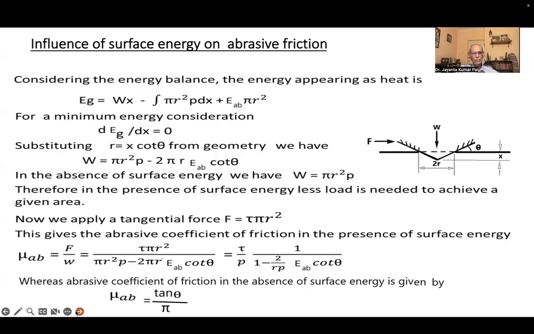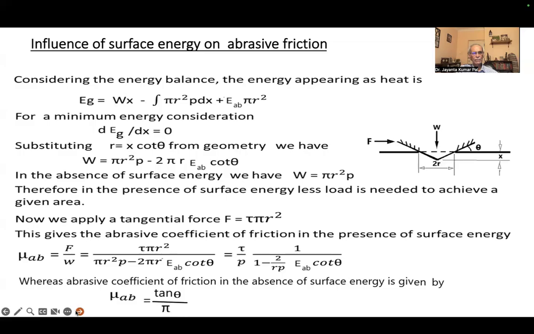And if we substitute this in the first equation and differentiate this with respect to x and equate it to 0, then we can get W is equal to pi r squared p minus 2 pi r EAB cot theta. This is a simple thing which can be done very easily. So this gives us the work required to produce a heat Eg.